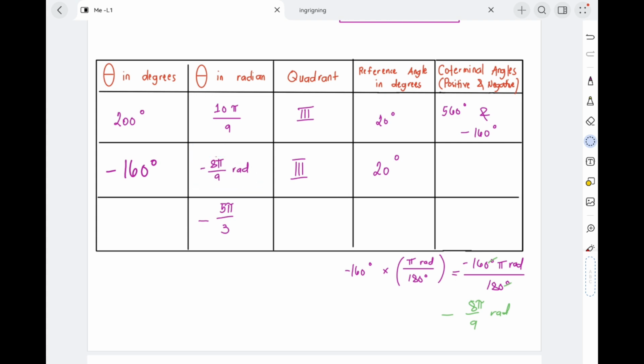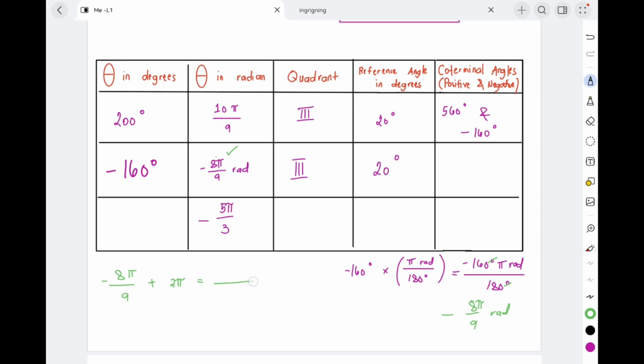Alright, so as for the coterminal angles, to get the value of our coterminal for negative 8 pi over 9, we just have to add 2 pi. So let's try. Negative 8 pi over 9 plus 2 pi.